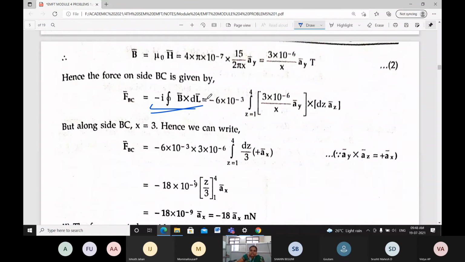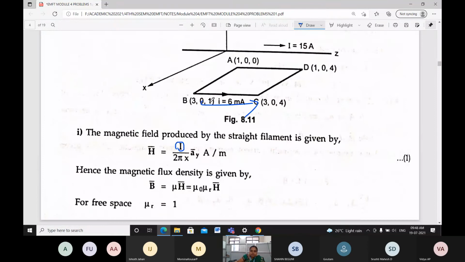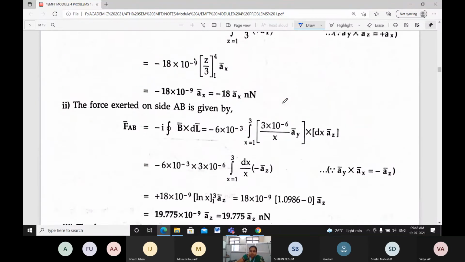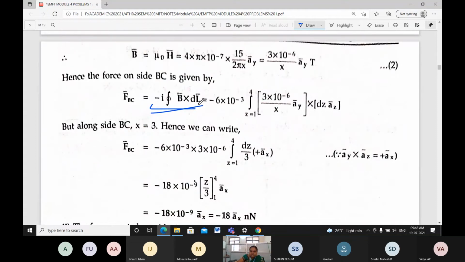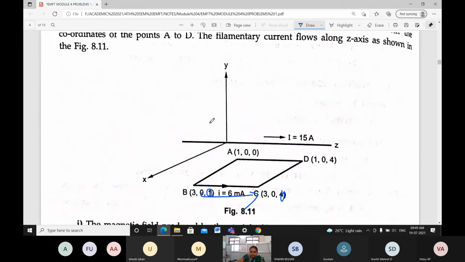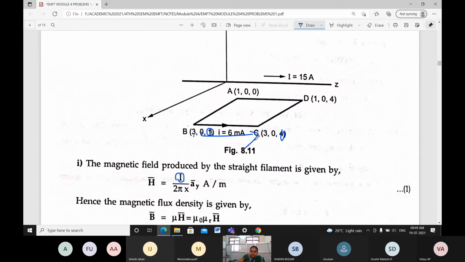Then you will be getting minus 6 into 10 raised to minus 3 integration, varying in the z direction from 1 to 4. Then substitute for B cross DL, which is DZ into AZ. We know the value of B from previously, that you have to substitute here. But along the side BC, X is of what value? It is 3. Observe here, the X value is 3.